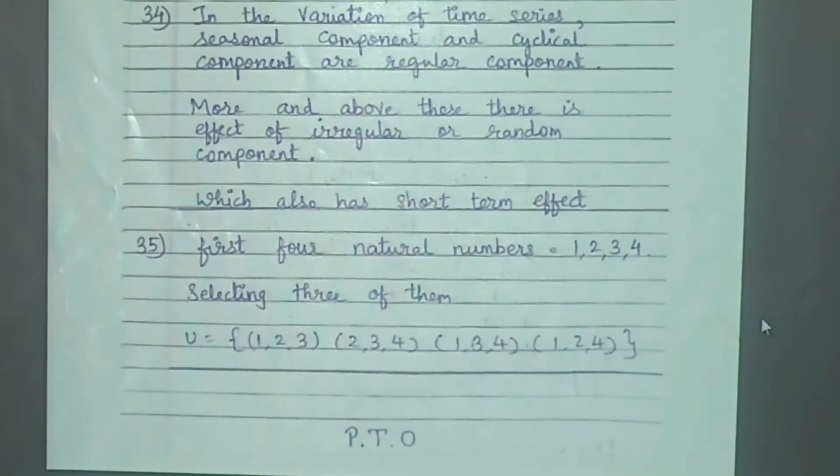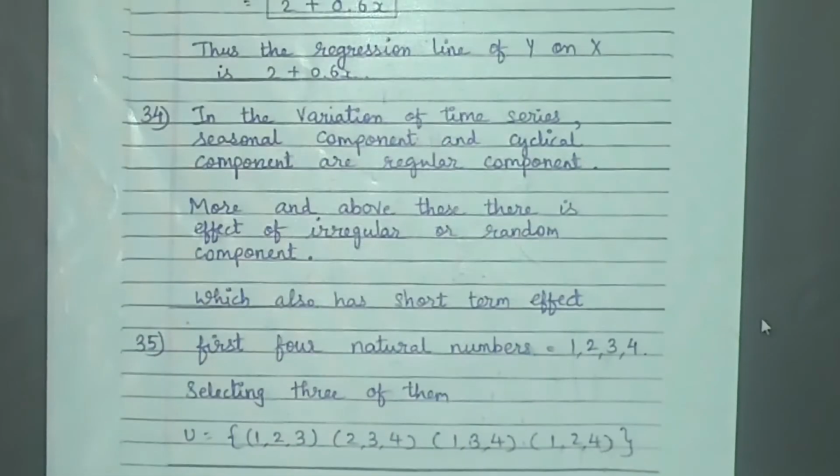When your answer is completed, at that time draw a line. For example, in section C, if they ask the theoretical part, then you have to write point-wise. Question 34 is of point-wise answer. So that is section C.